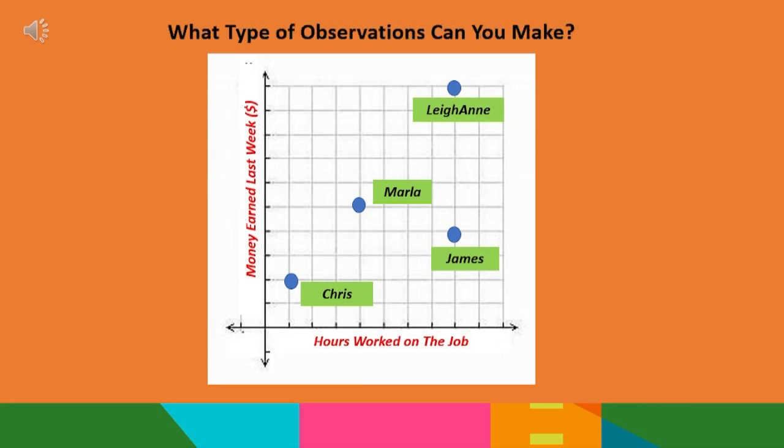All right, let's take it up a notch. What type of observations can you make now that I have completely covered up each of the numbers on the x-axis and on the y-axis as well? You still know that hours worked on the job is represented on the x-axis and the amount of money earned last week is represented on the y-axis.